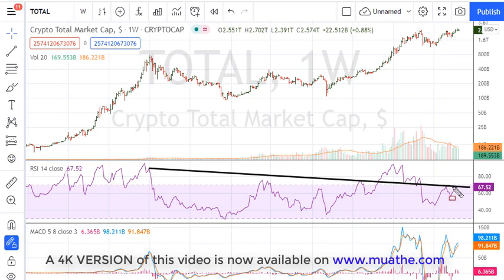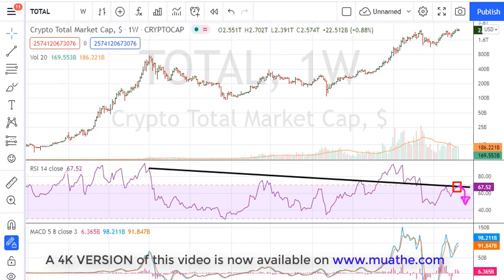Crypto bulls need to watch this line here on a week-to-week basis, because irrespective of the current move in the entire crypto landscape, there's a probability week to week that this could actually turn into resistance.